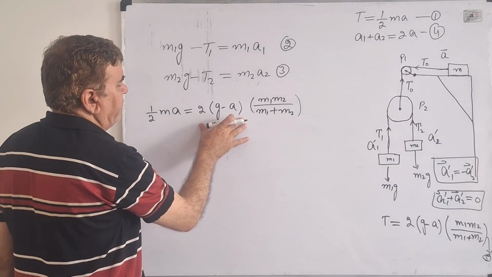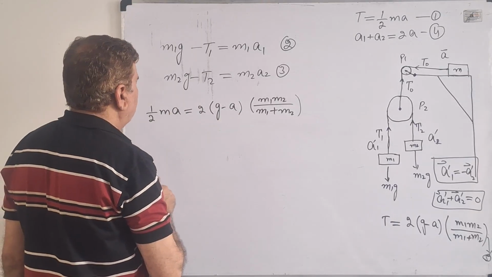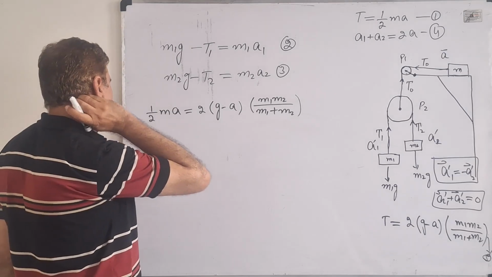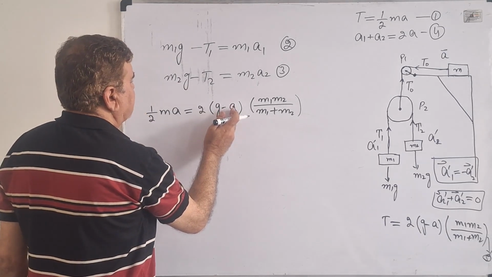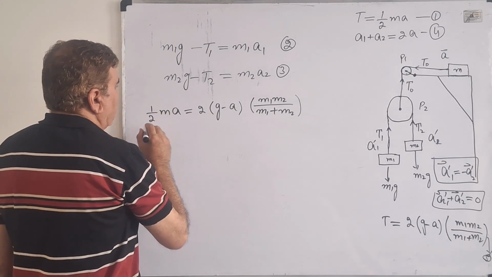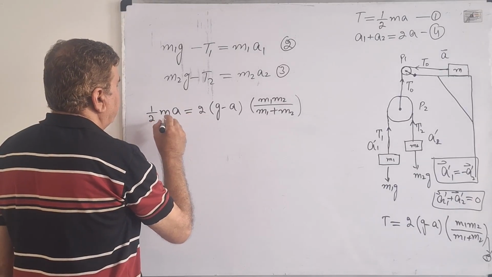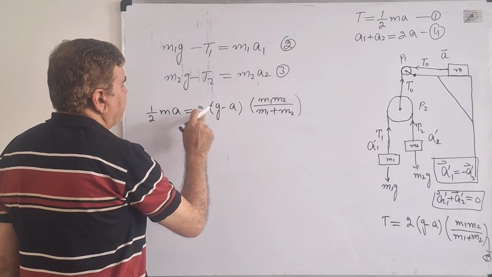Now I can find the value of acceleration A from this equation. First I multiply with 2, and this will cancel the 2, making this 4.